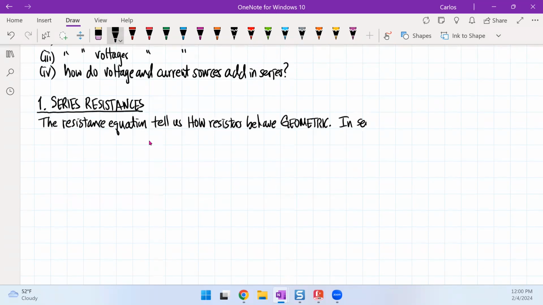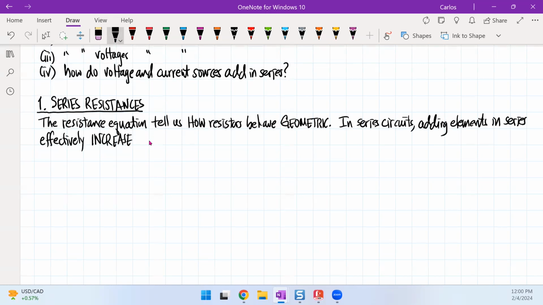In a series circuit, adding elements in series effectively increases length.